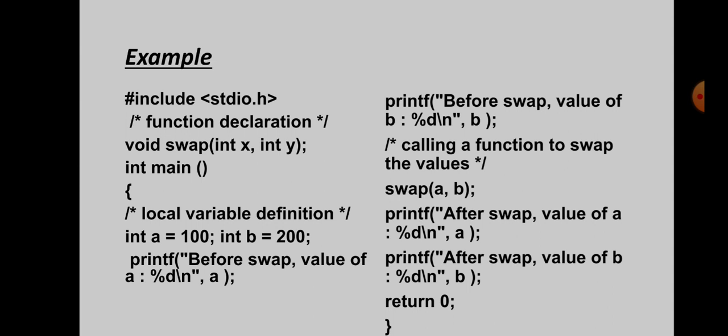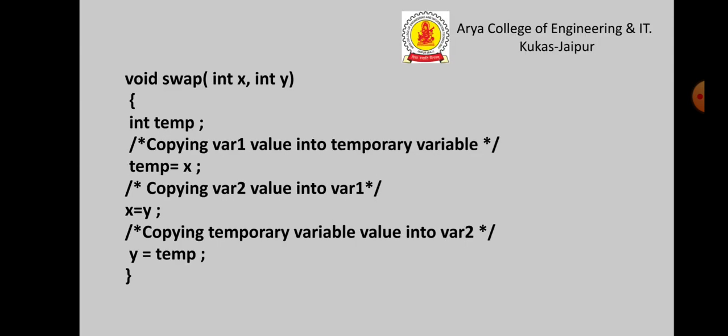As this line is executed by the compiler, the control moves to the swap function definition where the definition is written. Here there are two variables int x and y that get the value from the actual parameters of the calling function.